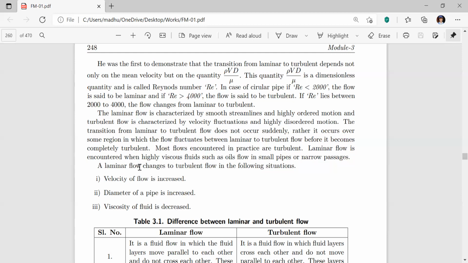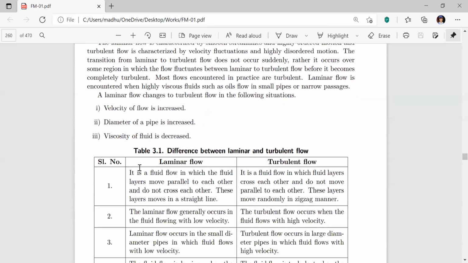There are some conditions where laminar flow changes to turbulent. So these are the situations: velocity of flow is increased, diameter of the pipe is increased, or viscosity of the fluid is decreased. We know that rho V d by mu is nothing but the Reynolds number.